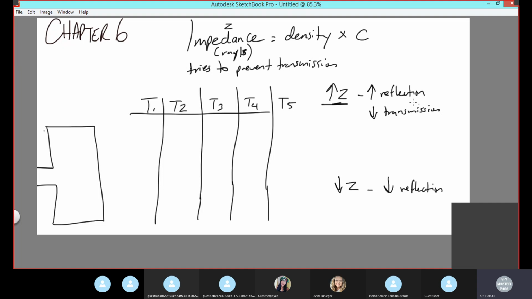Okay, the reason why I write it out with reflection is because it's very easy to remember high and high. All right, that's why I write it out with high reflection. So high impedance gives me high reflection. And if I know my reflection is high, I can guess that my transmission is low because they balance each other out.